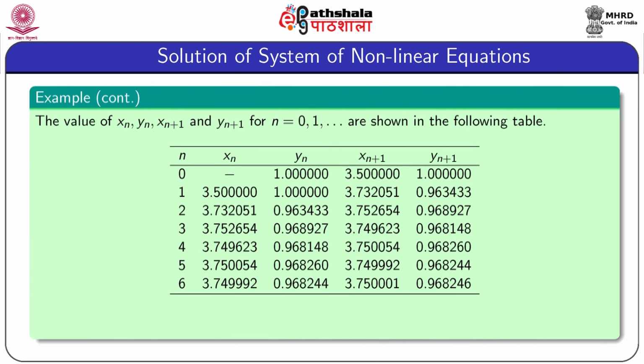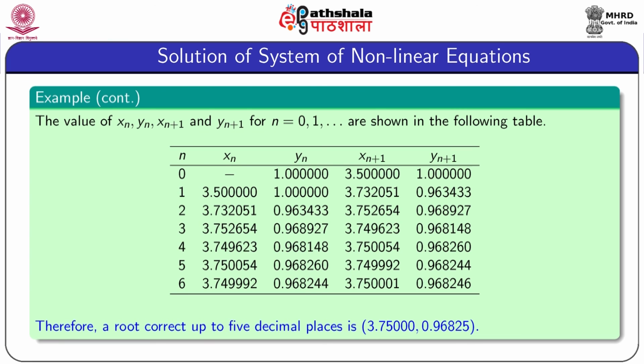The values of x_n, y_n, x_{n+1} and y_{n+1} for different values of n are shown in the following table. The first column represents the iteration number, the second column represents the value of x_n, and the next columns are the values of y_n, x_{n+1} and y_{n+1}. Note that this iteration scheme converges at iteration number 6, and the convergent value of x_{n+1} is 3.750001 and the value of y_{n+1} is 0.968246.